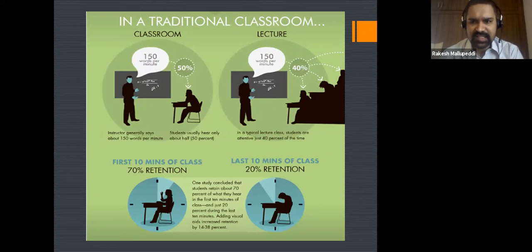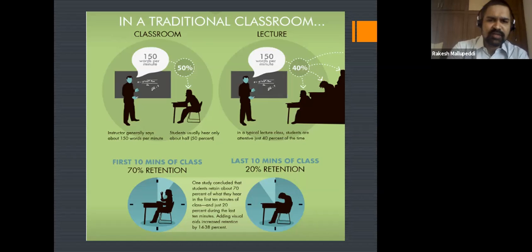So yeah, this traditional classroom, I think we all know it, we all have seen it. But if you see the main figures in it, you are speaking 150 words per minute, and the students are only taking in 50% or 40% of what happens in a typical classroom or lecture.